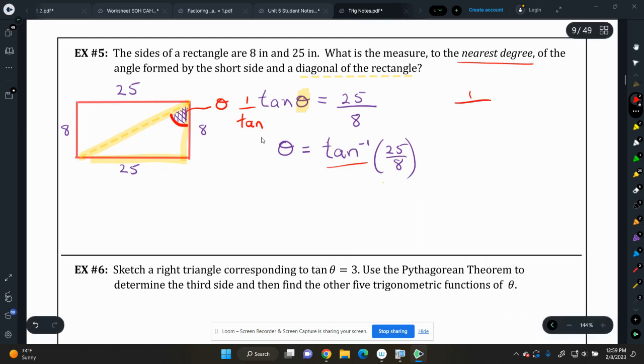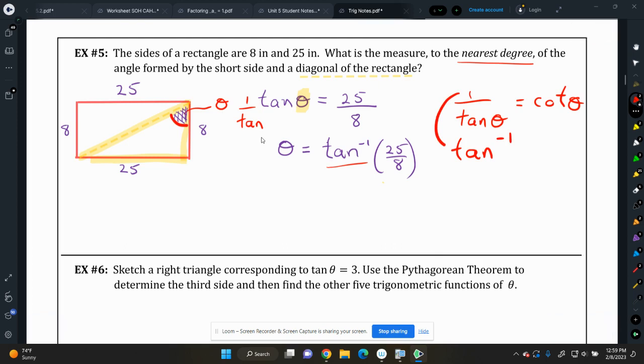Because what does 1 over tangent of theta actually equal? Cotangent. So be careful. Inverse tangent is not the same as 1 over tangent. They are entirely different. Very, very important.